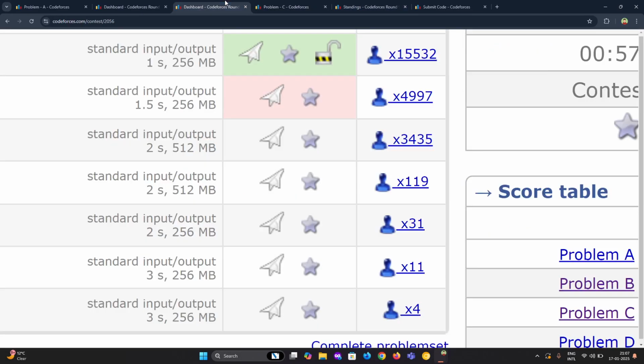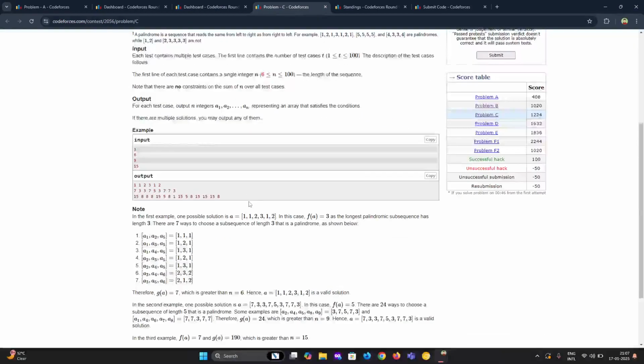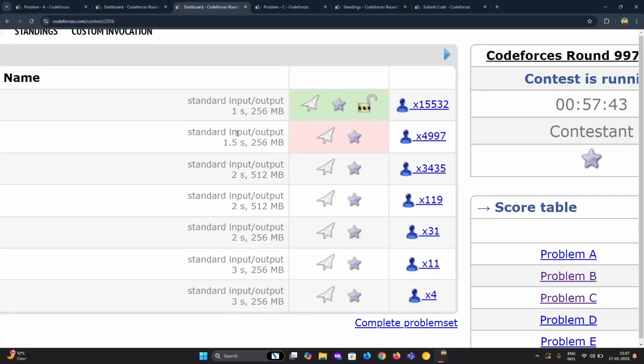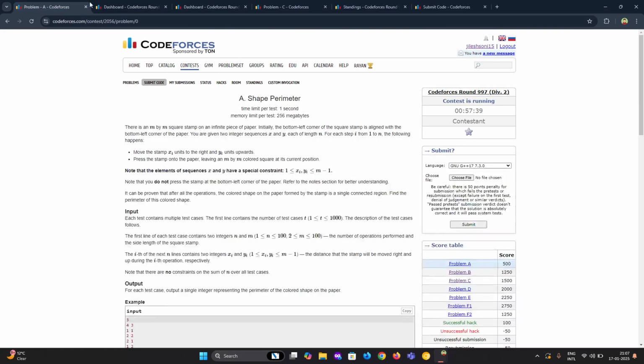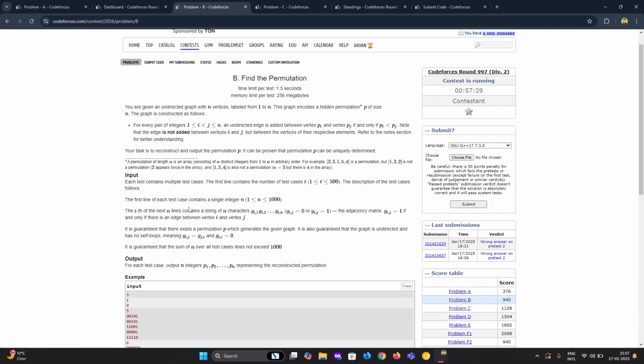How do people solve this? Find the permutation.